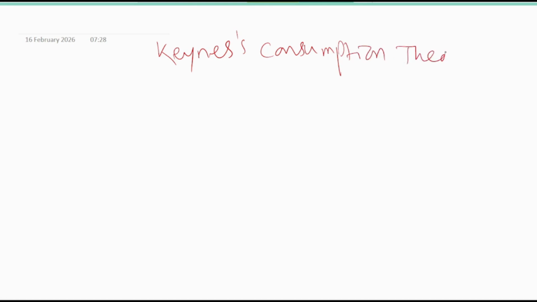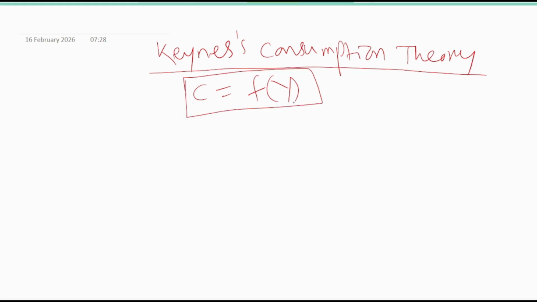According to the consumption theory by Keynes, consumption is a function of income. So here it is called the functional relationship between the dependent and independent variable, and here C or consumption is the dependent variable, Y or the disposable income is the independent variable.